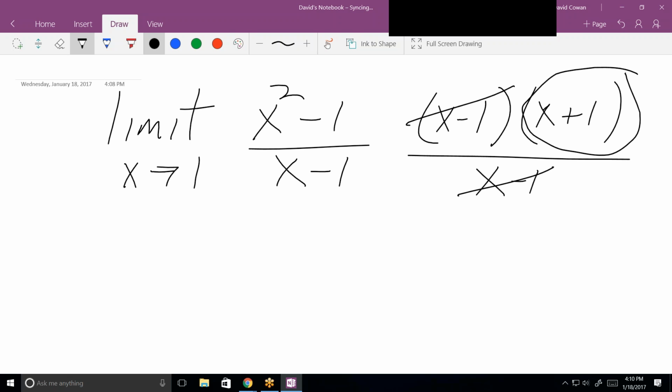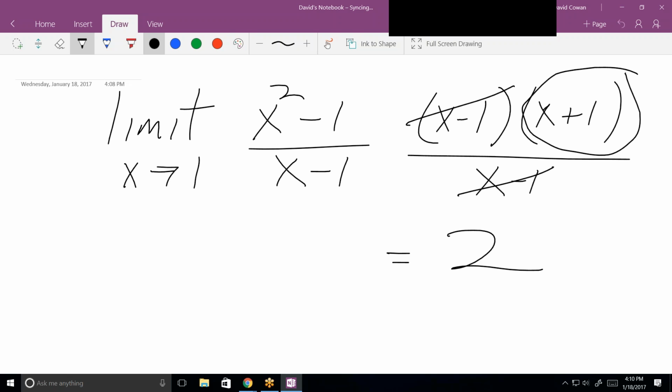Well, now what's the limit of that as x goes to 1? 2. Yeah. In other words, my 0 over 0, which I started out with, actually becomes 2 when I do some algebraic manipulation of it.